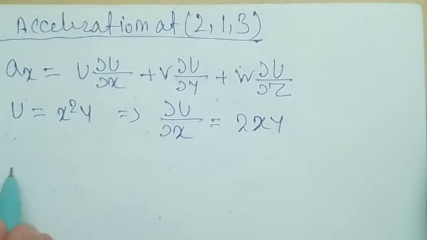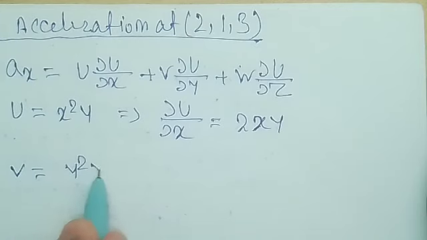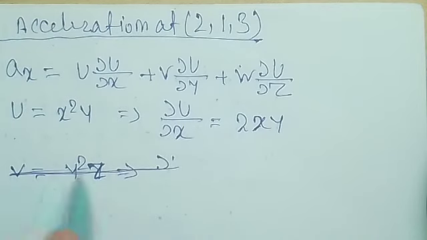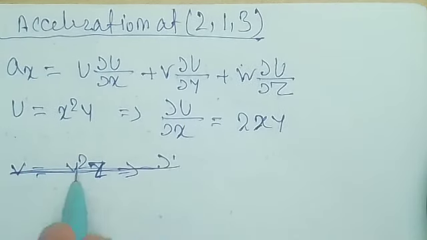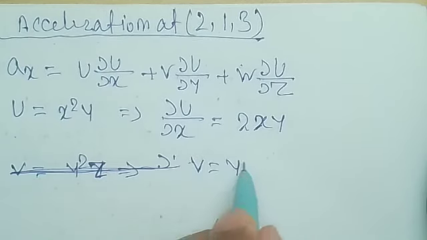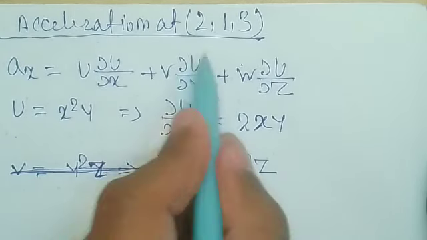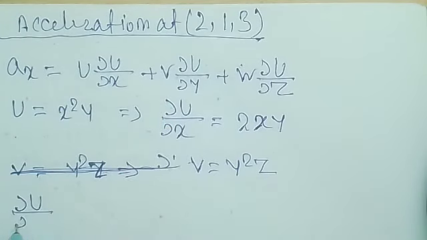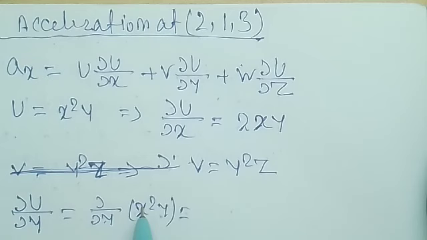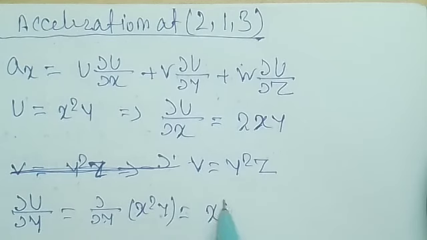Otherwise you will get confused. v is y²z. Then ∂u/∂y, we have to find again: ∂u/∂y is ∂/∂y of x²y, which is nothing but x² only.